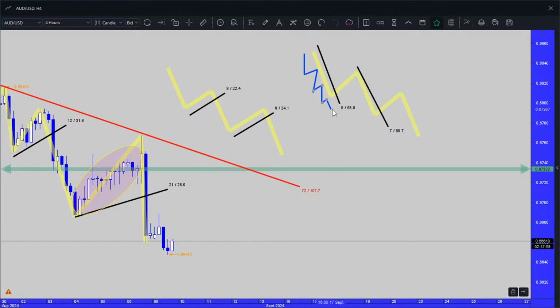A retracement, exactly. So a retracement trader is going to take advantage of this move and is going to make some money if he or she is skilled.